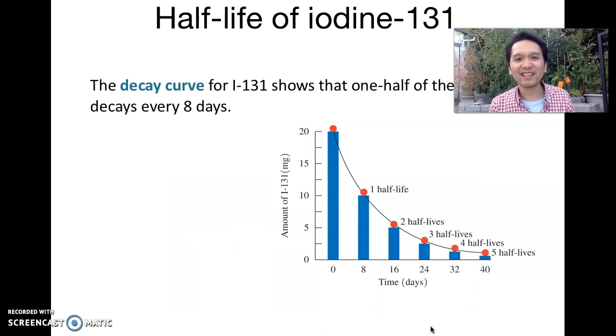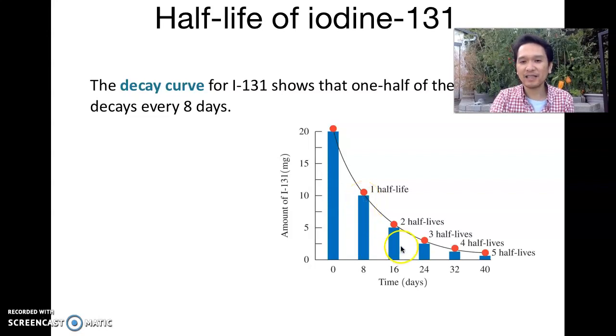Oh, actually, that was iodine 131. I should have looked ahead to see the data there. One half-life of the sample decays every 8 days, not 80 days. So as you can see from the chart here, in terms of time, it's not a linear decay. It's kind of this exponential-like decay. The first 8 days, you lose 10 milligrams.